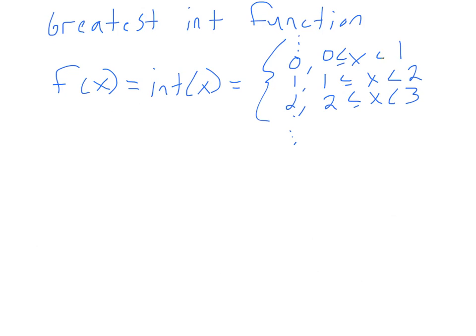And then this keeps going on, of course, right? So in a sense, the int function is also a piecewise function. And the int function, just as a side note, is often also called the floor function. Floor x is another common way of notating that in addition to the bracket notation. So those are two other ways that it is referred to.